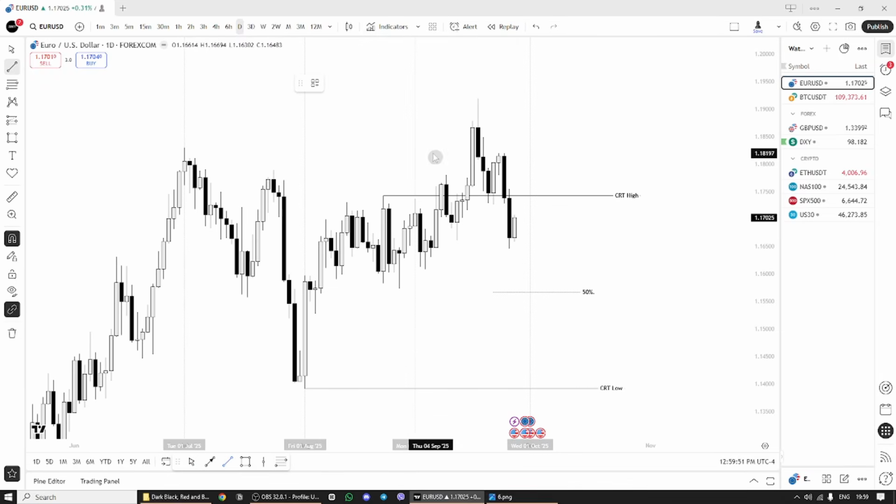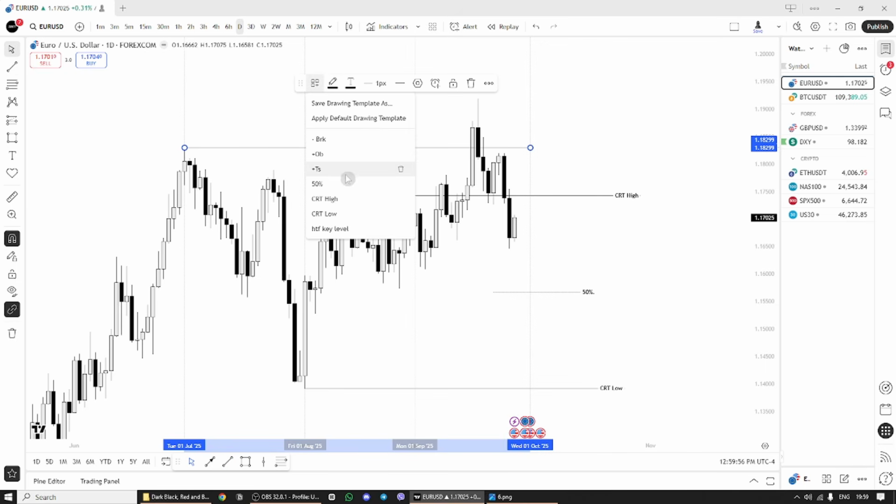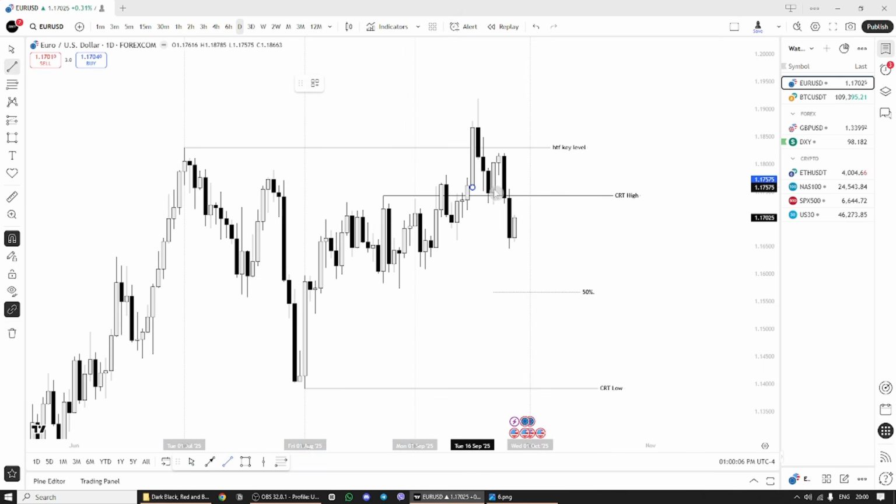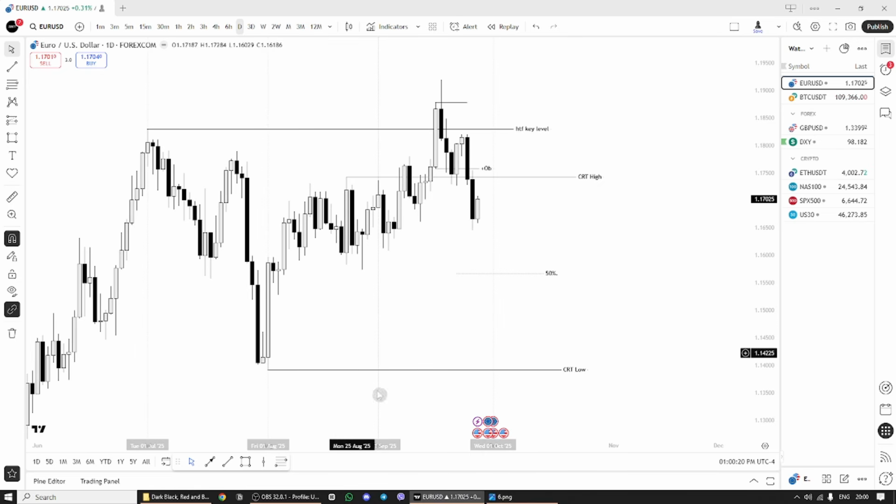Okay, so the key level in this case was this old monthly high. This is our key level. You see another CRT, which is our key level to sponsor the moves down and down. So my bias is EU to go down.